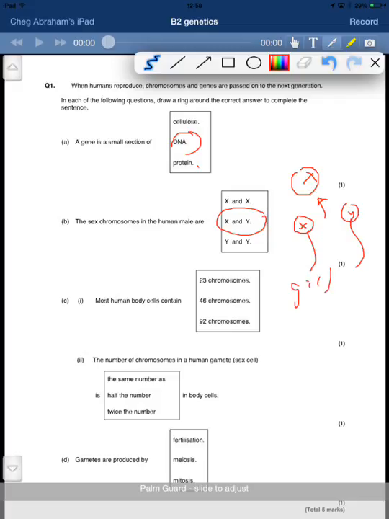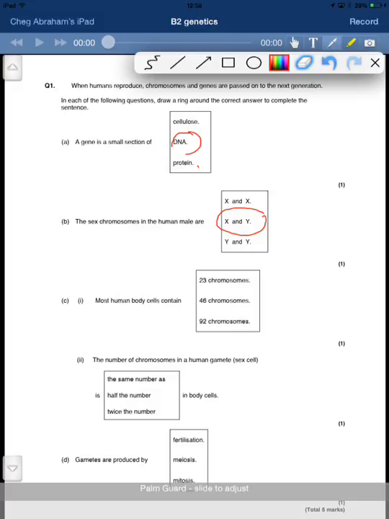If the Y sperm hits the egg, which is always X, you get an XY, which is a boy. So once again, you can get the mark just by knowing boys are X and Y, but your exam questions might ask you to explain why it is.